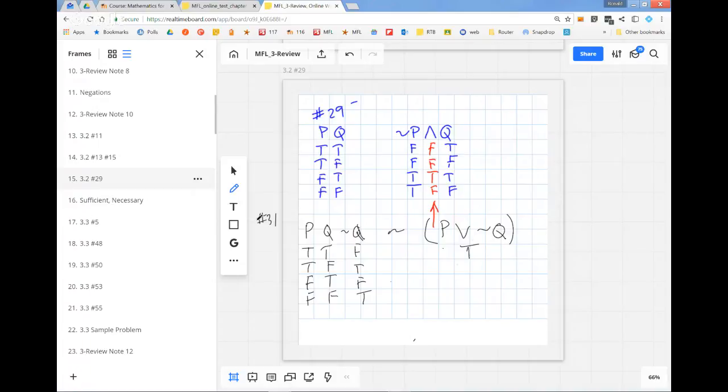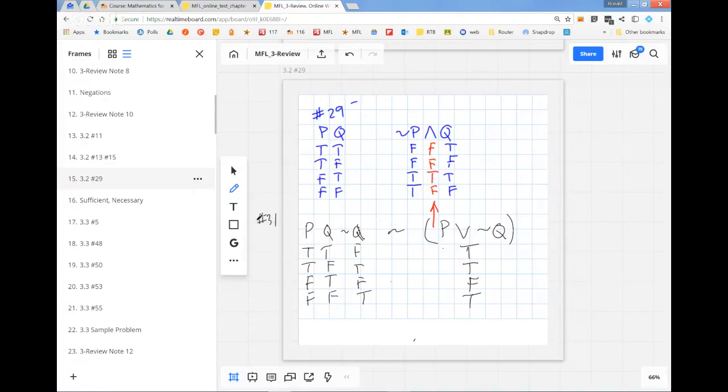Right? Yes. And then P or not Q, true or true. Well, they're both true. We're good. Here we have false or false. That's a false. And then here we have false or true. That's a true.